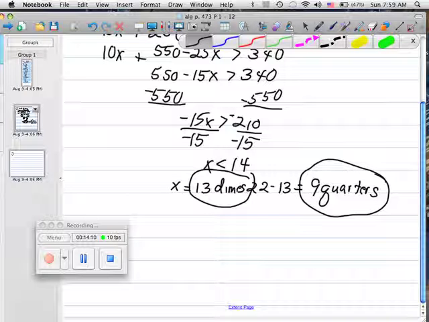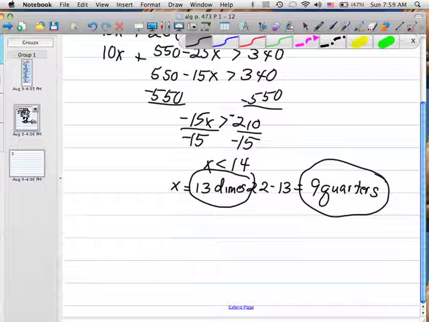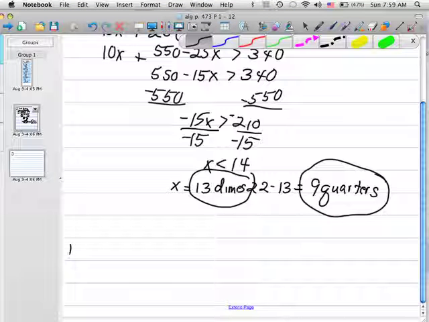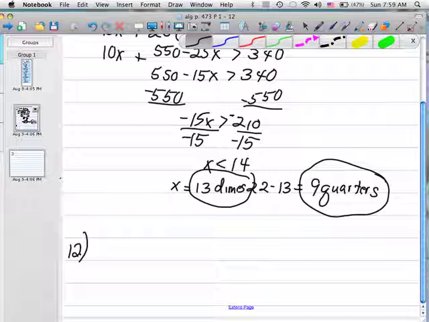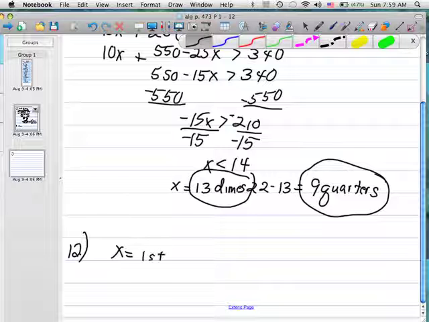And the last problem, number 12. A pair of consecutive integers has a property that 7 times the smaller is less than 6 times the greater. So if x equals the first integer, and they're consecutive, so x plus 1 equals the second.